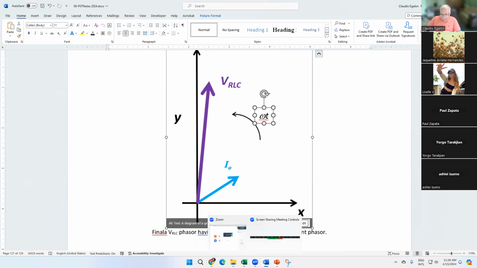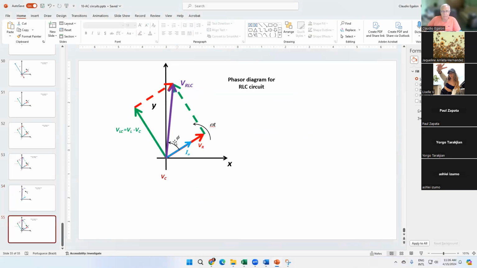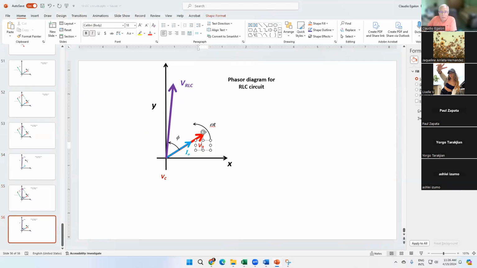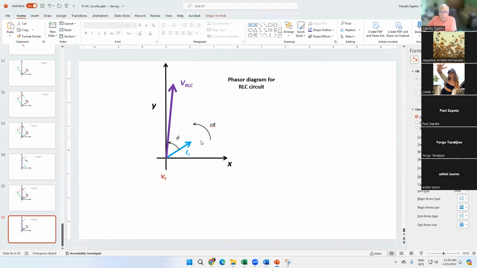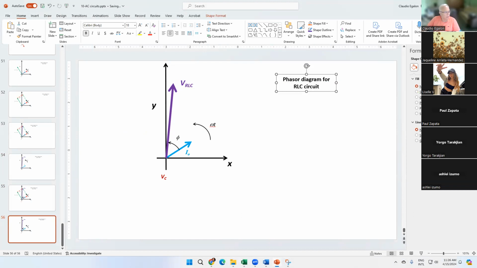Okay, and going back here, yes, I have the phi angle here. See that? And I'm going to delete that here. RLC. I don't need to have this one. Okay, that's the one that I want in the final drawing.